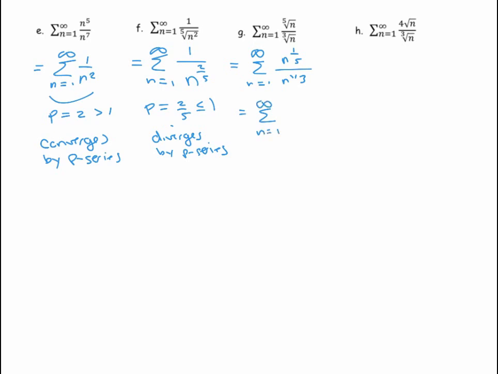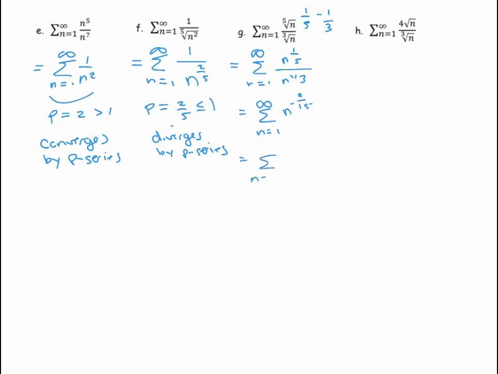So 1/5 minus 1/3 is the same as 3/15 minus 5/15, which is negative 2/15.